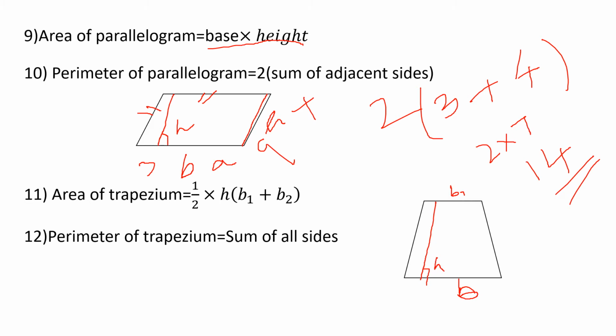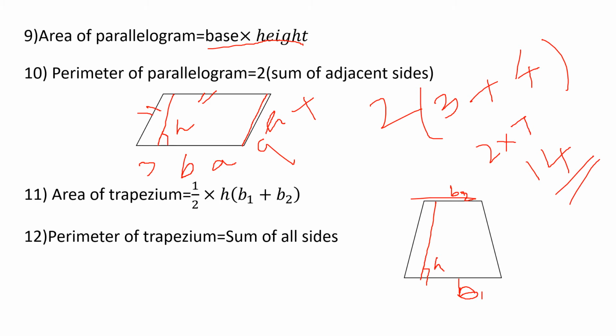Base 1 and base 2. This is base 1 and this is base 2. So the area of a trapezium, what is the formula? Half into height into base 1 plus base 2. Okay. Area of a trapezium, half into height into B1 plus B2. B1 means base 1 plus base 2.